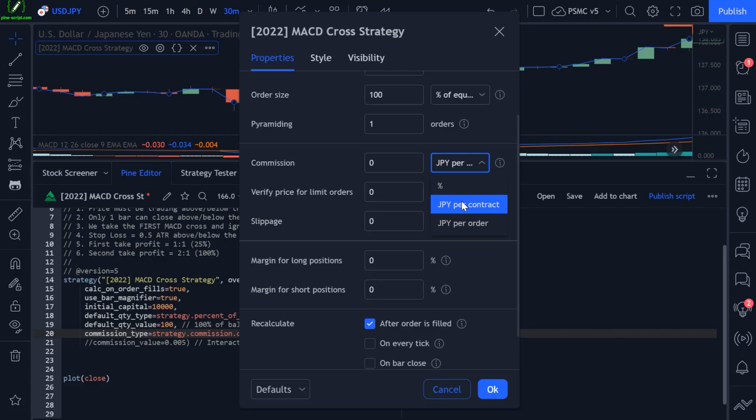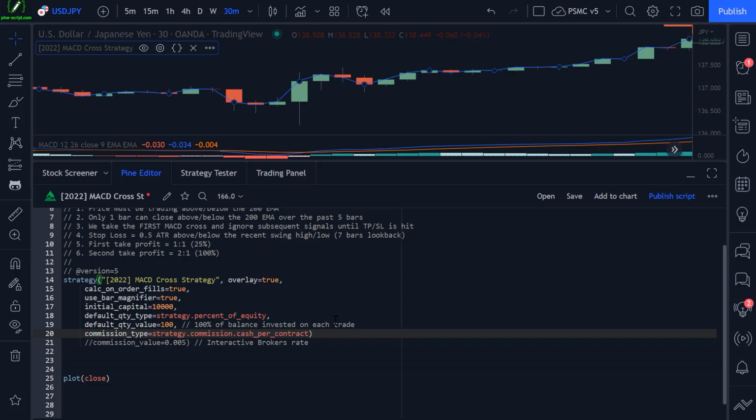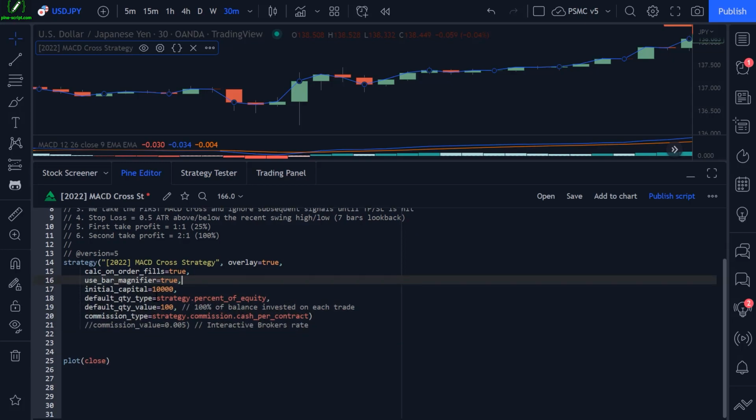I typically use US dollars or Aussie dollars. I don't know why its commission is set to yen per contract, but probably because we're on US yen. But in any case, you should set commission up to appropriately track your broker's commission table. That will give you a more accurate reading on the system's performance. So those are our default strategy parameters for this system.